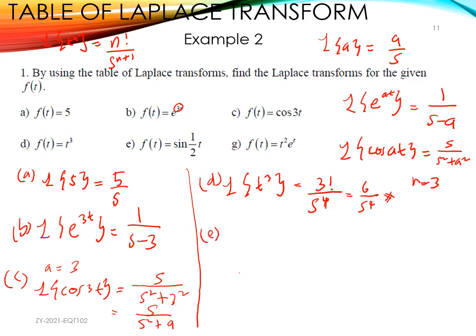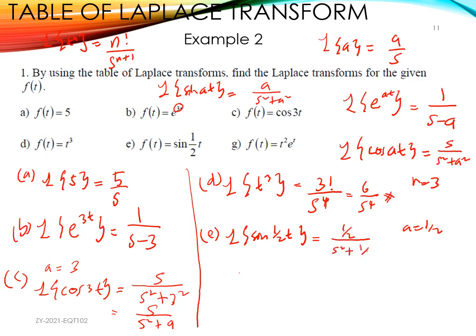How about e? E is sine. So Laplace of sine. From the table, Laplace of sine at equals a divided by s squared plus a squared. So your a now is 1 over 2. So the Laplace will be 1 over 2 divided by s squared plus 1 over 4.